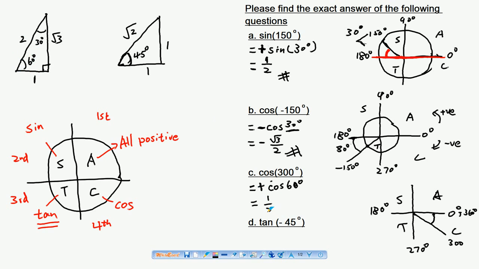I know it's a little bit confusing if this is the first time you've seen this, but just follow my instructions and it will be fine. This is basically the simplest way to do it. Draw a line on the unit circle and find whether it's positive or negative, and we'll input other values there.